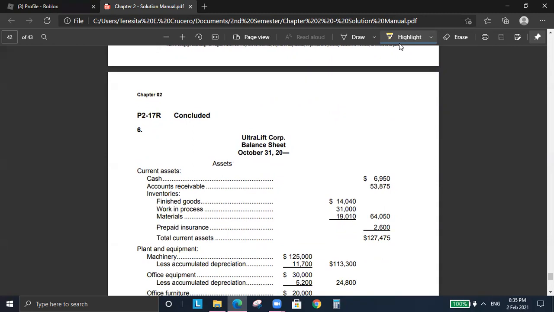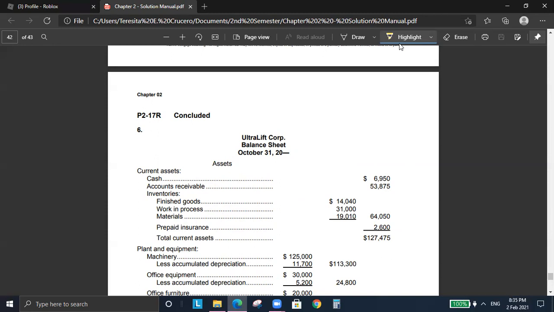By the way, in the listing of your inventories, you have to list finished goods first. We arrange the inventory accounts in the order of liquidity. So in the order of liquidity, the most liquid among the inventories is finished goods, no?